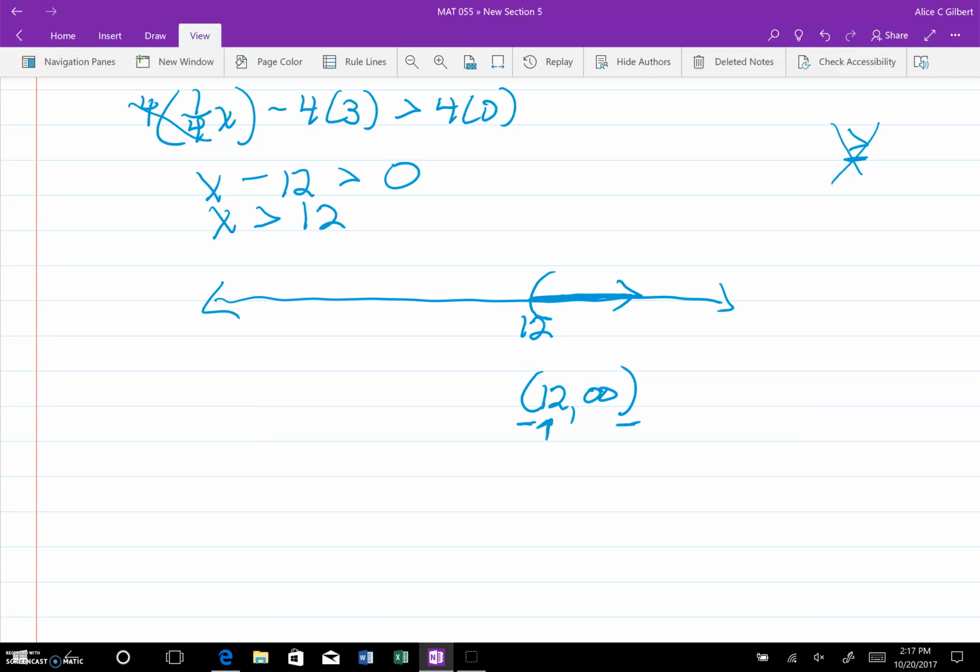It has as far left, so left end point, as far left as your x can be, in this case 12, and then a right end point as far right as your x can be, which in this case is positive infinity, and then the comma between it showing it's everything between. So there you go. Have fun.